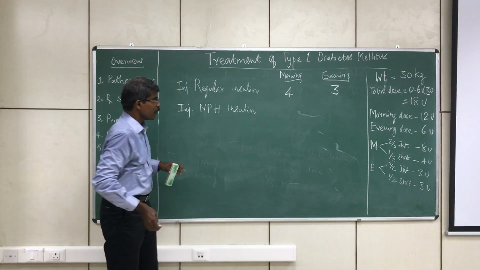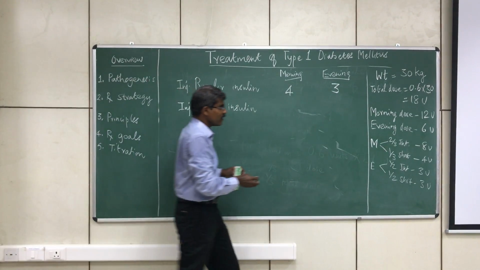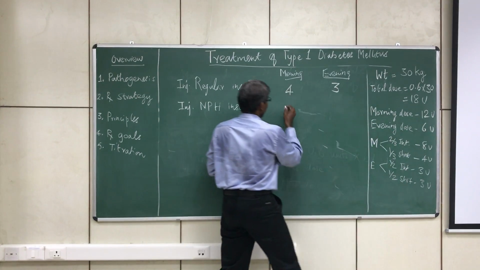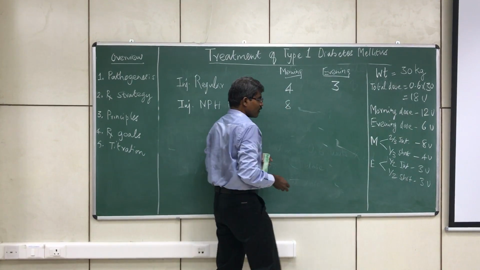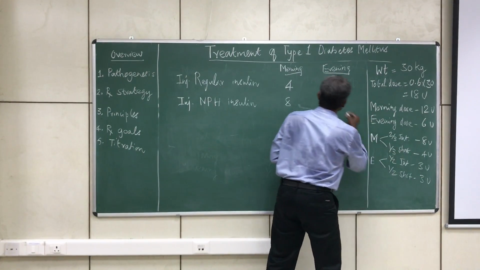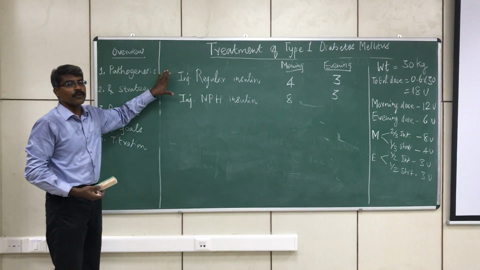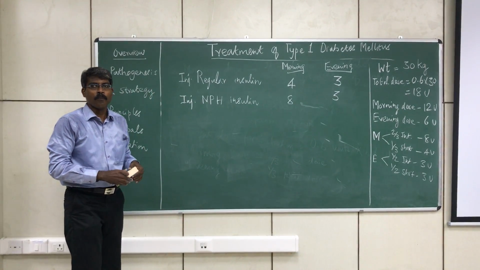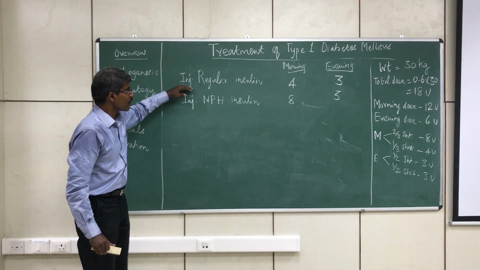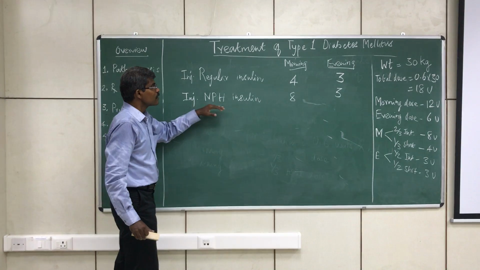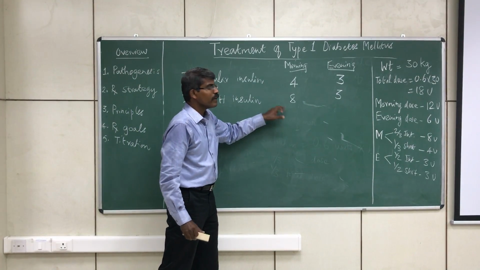Now intermediate acting insulin, NPH insulin, in the morning is 2/3, which is 8 units. And in the evening it's half, which is 3 units. So now this is what we are going to prescribe for this boy with type 1 diabetes. So his regular insulin in the morning will be 4 units. His NPH insulin in the morning will be 8 units.